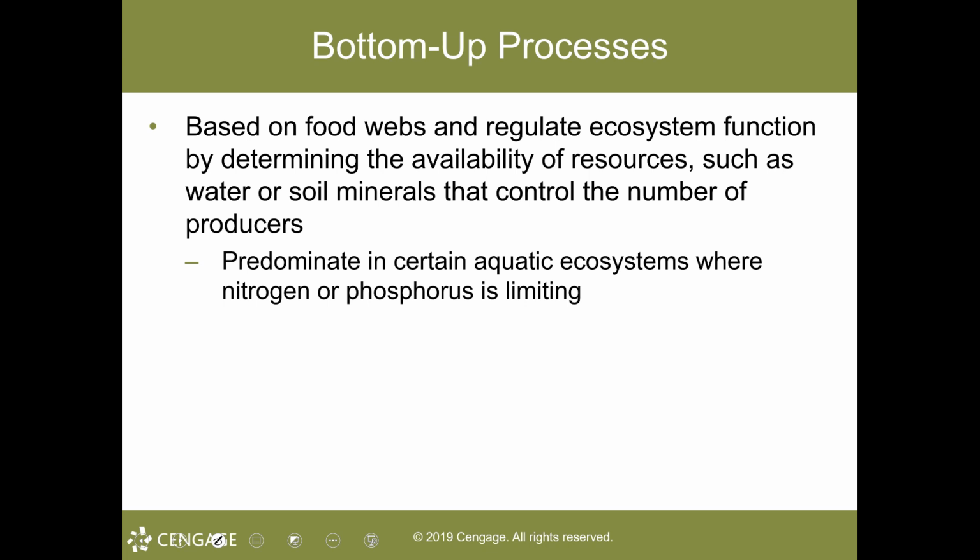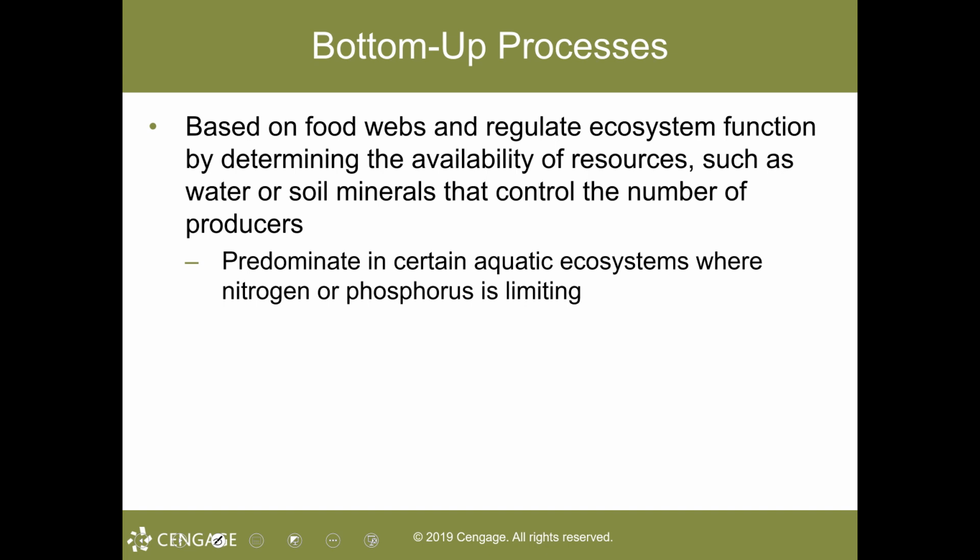So with top-down processes and bottom-up processes. Bottom-up processes are based upon resources such as water or soil minerals that control the number of producers. Notice it's bottom-up. So it begins at the bottom as the energy flow goes through.